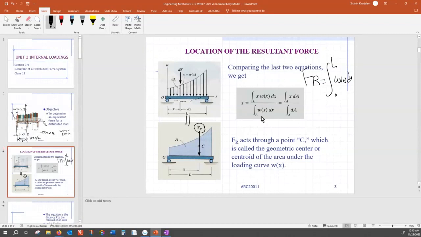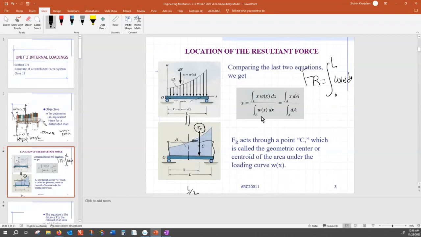And the second thing is line of action. Where do I place that? Do I put it here, here, in the middle? The answer is you have to use that formula. For the simple case of a rectangle, that x bar is L by 2, right? It makes sense. If that was a rectangle, this is uniform, and that resultant load should move toward the center of area for that shape.